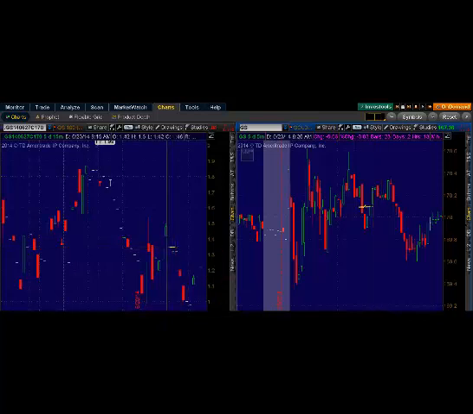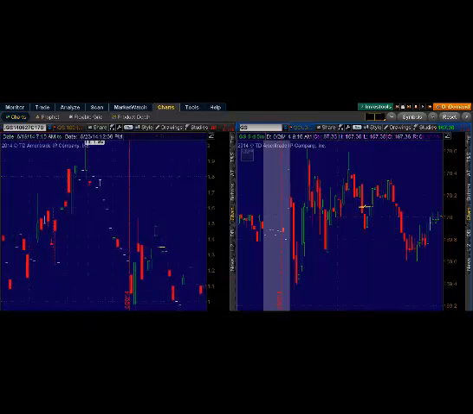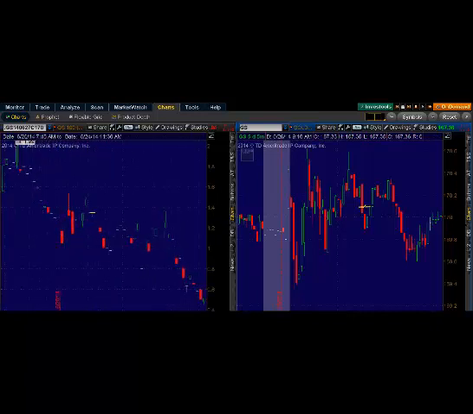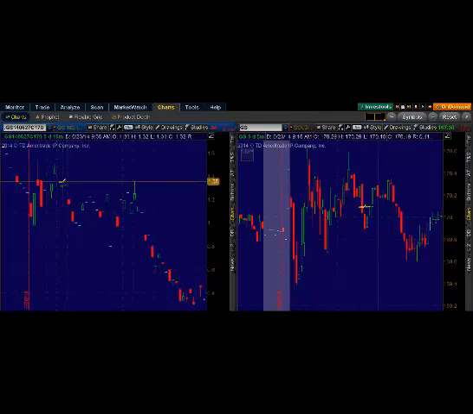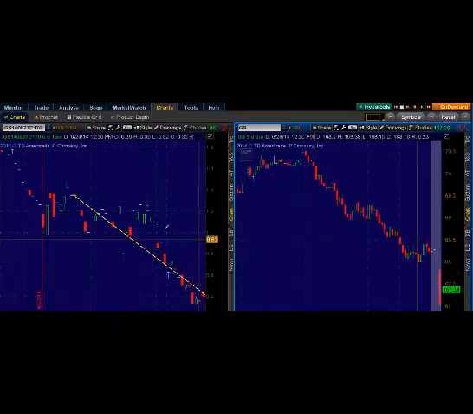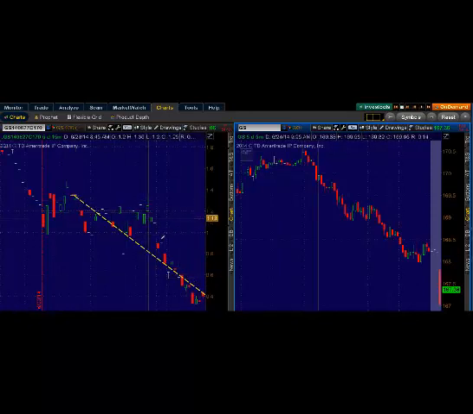Now, let's see what happened with that premium over the next several days. Yes, in one day, this option lost 3/4 of its value, which you could have taken right there, and ultimately this option went to zero.